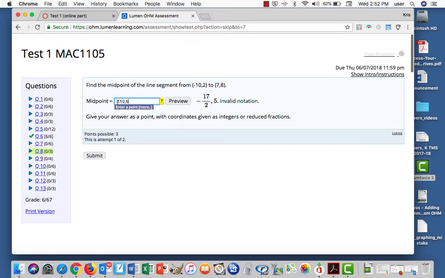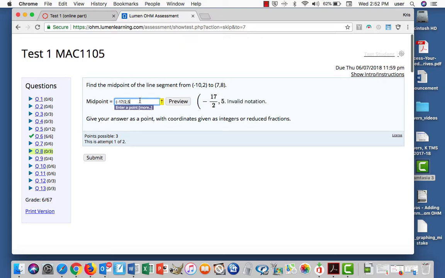And that's because I should have filled in the parentheses. So I don't have to waste an attempt if I am actually using what's given over here.